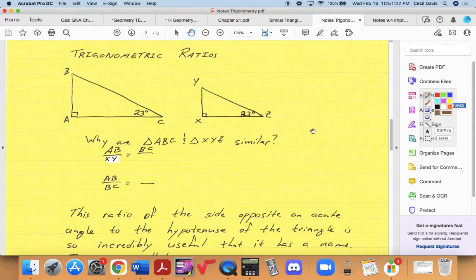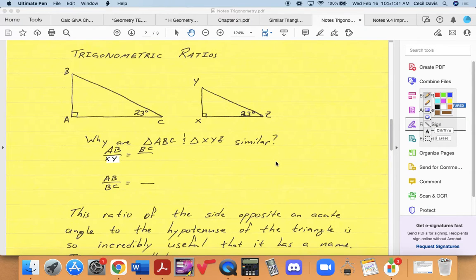So my question here is, why are triangle ABC and XYZ similar? What method could I use to prove those two triangles similar? Yep, it's angle-angle similarity. The right angles are congruent. I've got two angles that are 23 degrees that are both going to be congruent.